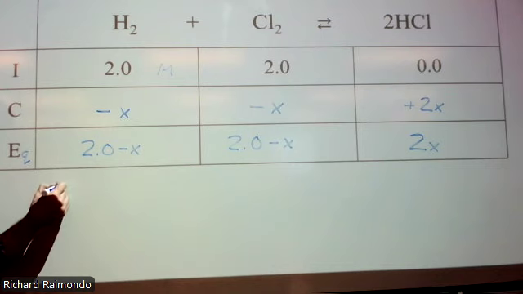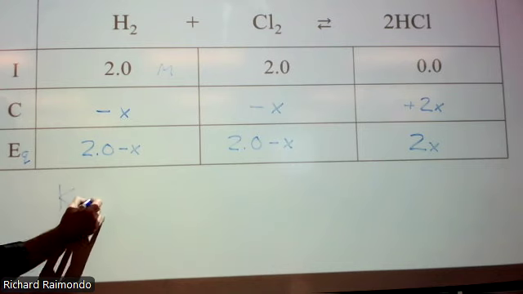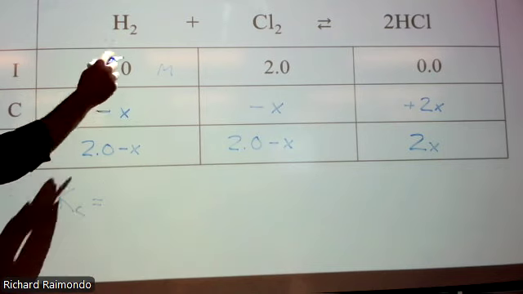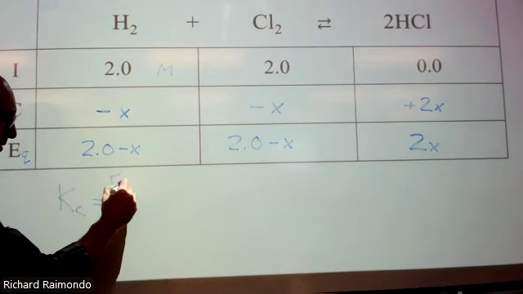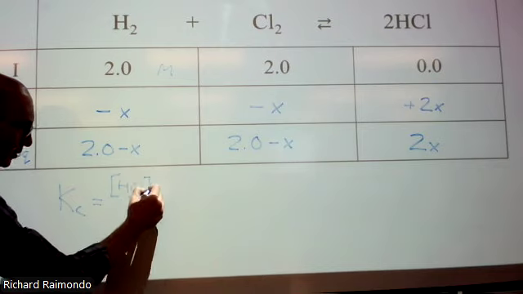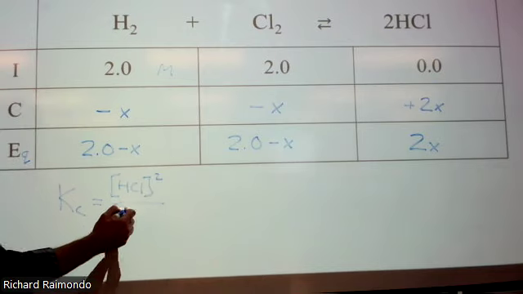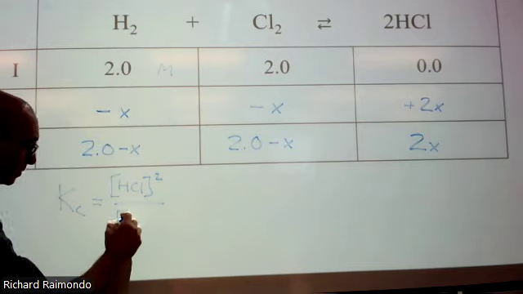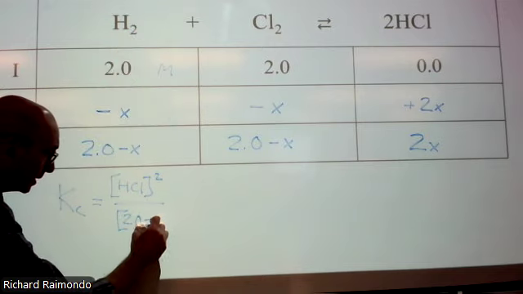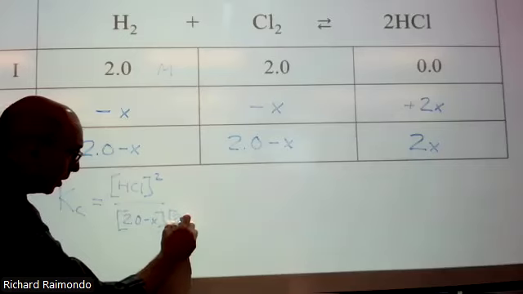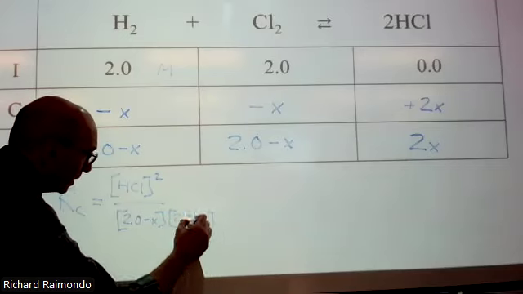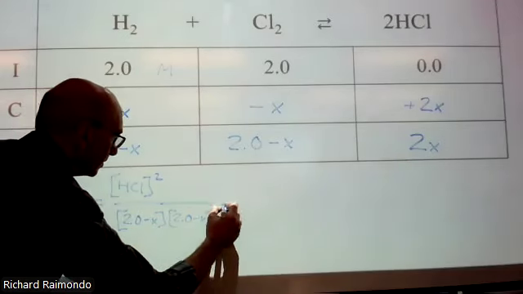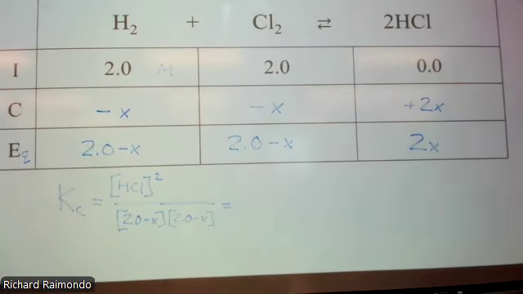However, we've got something we can put into our K of C. So again, concentration of HCl squared equals the concentration of our two reactants, 2.0 minus X times 2.0 minus X. So I'll drag this out a little bit.